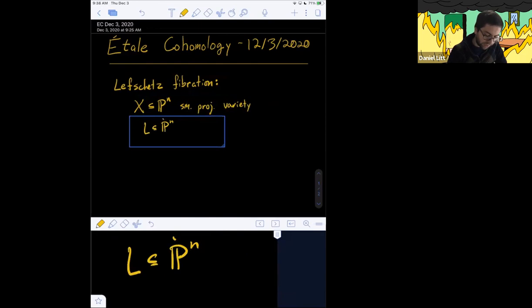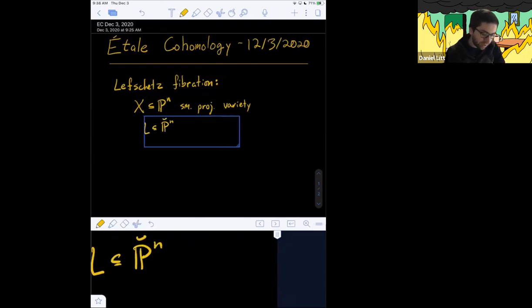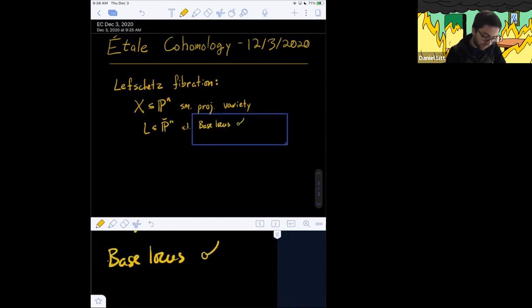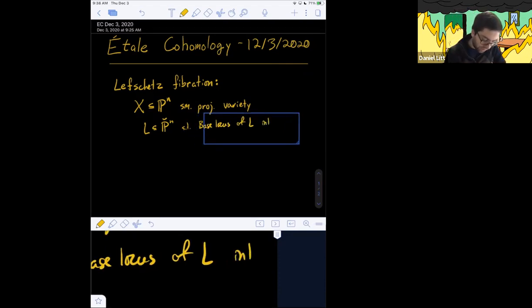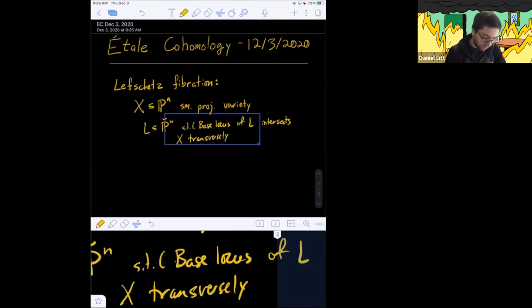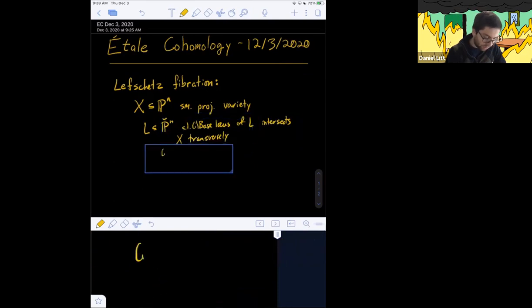So this is like a line of hyperplanes in Pn, such that the base locus of L, which is just the intersection of all the hyperplanes contained in L, so that's a codimension 2 subspace, intersects X transversely. So that was 1.